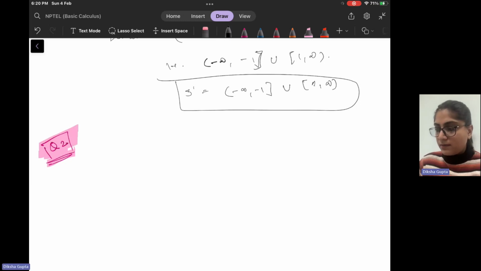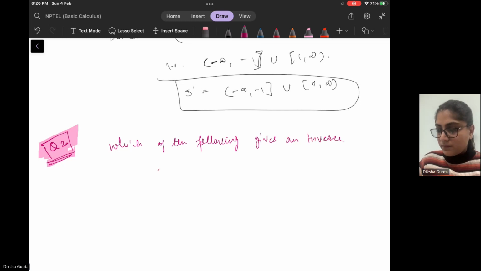Question number 2 is, which of the following gives an inverse of the function y equals x square minus 1?